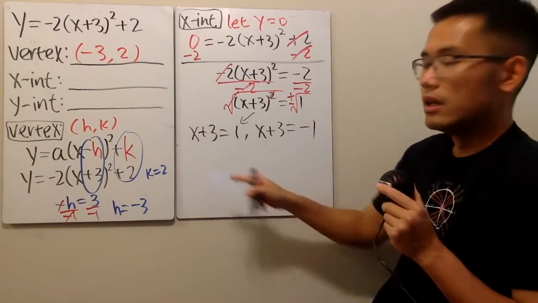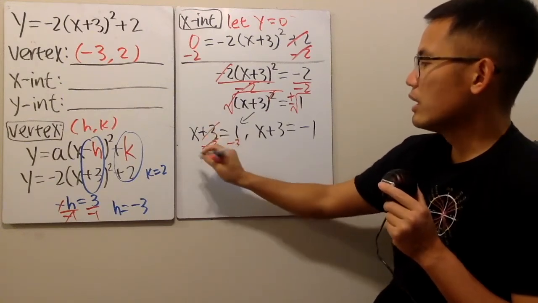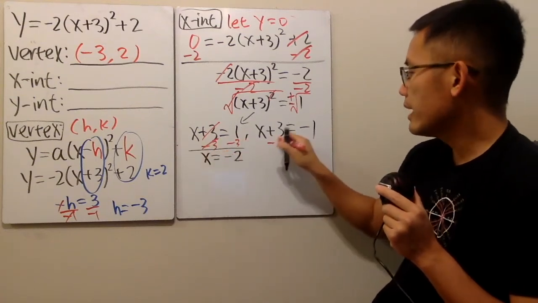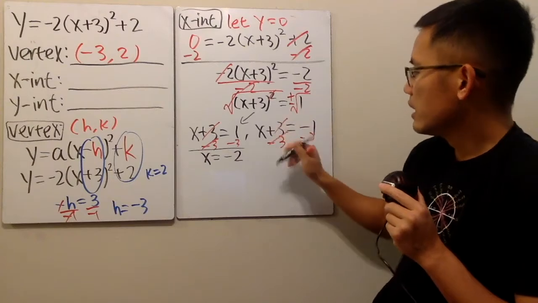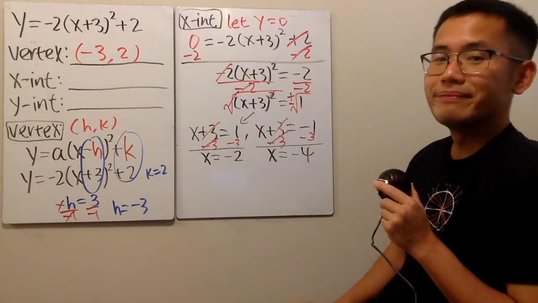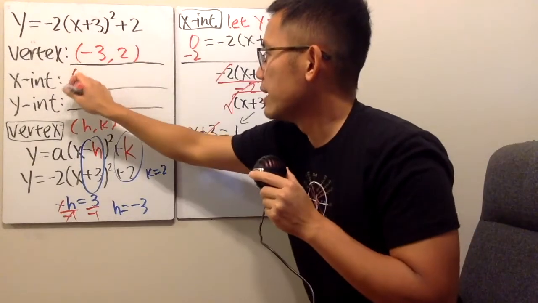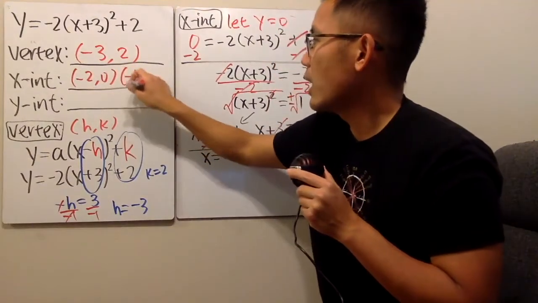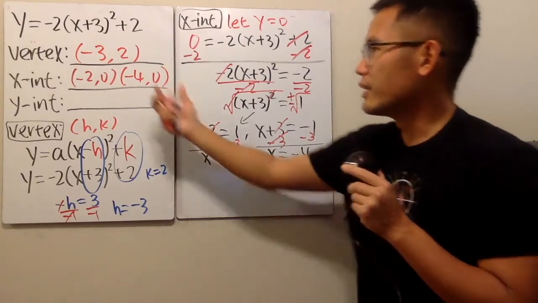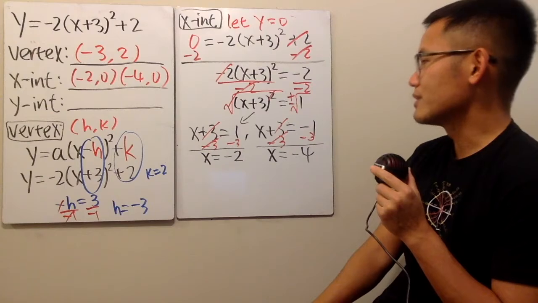Now, right here, of course, you subtract 3 on both sides, so they cancel, and then we get x being equal to this and that is -2. Then right here, subtract 3 on both sides, they cancel, and then we end up with x equals this and that is -4. So here we have the answer for the x-intercept. So I'm going to write it as (-2, 0), and then the other one, (-4, 0), like that, right? And again, the order of this doesn't matter. You can just put whichever one first, up to you.